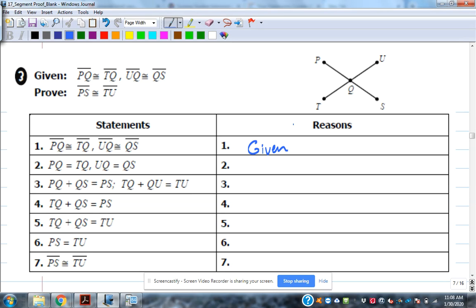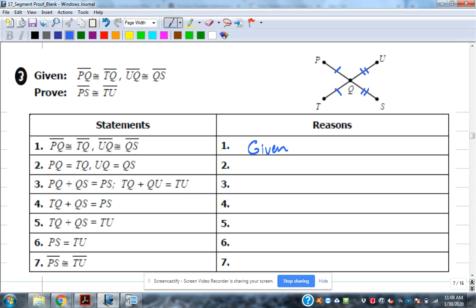So in this picture, it says that PQ is congruent to TQ, and that UQ is congruent to QS. So I'm just marking my image that way so that I know what the statement said. Okay. So if PQ is equal to TQ and QU is equal to QS, that's what line 2 statement says.